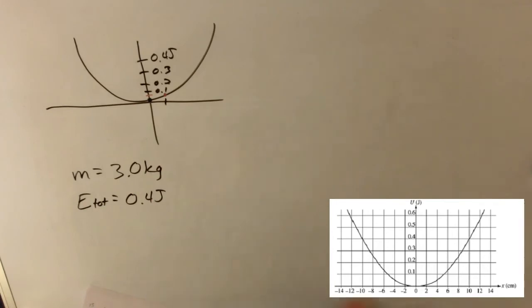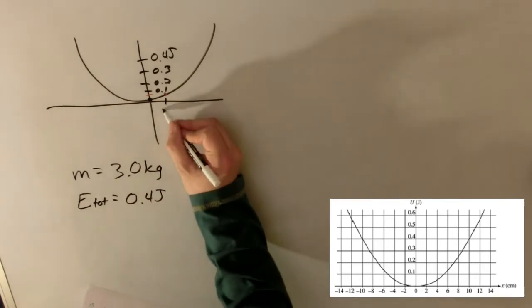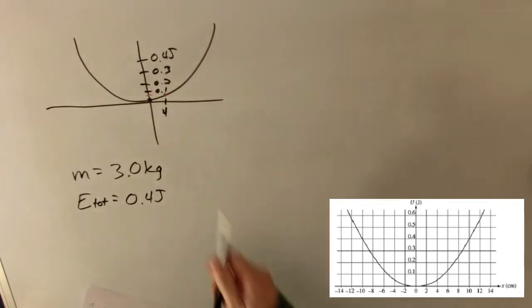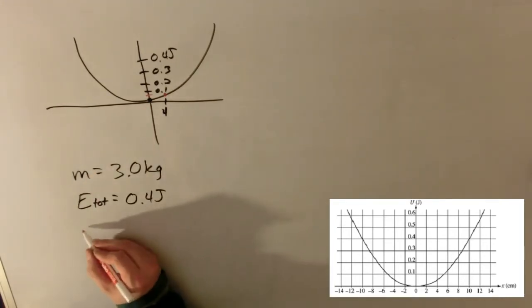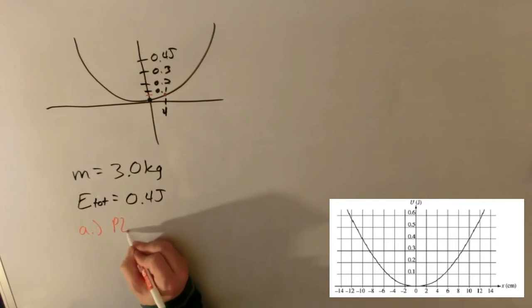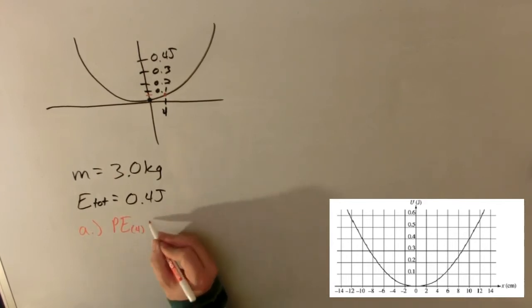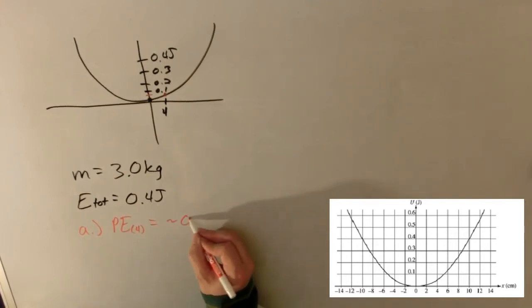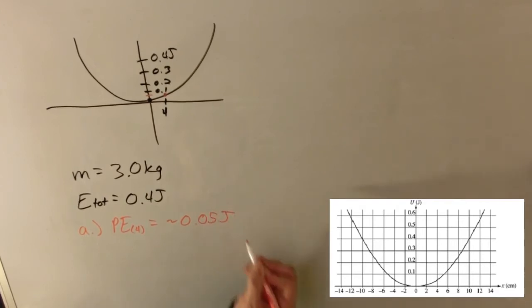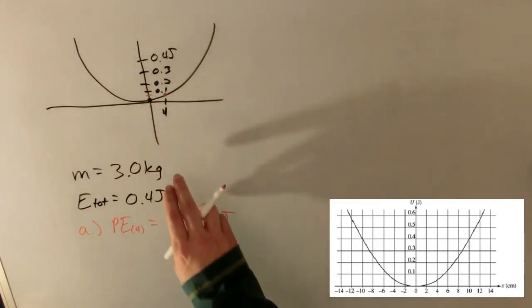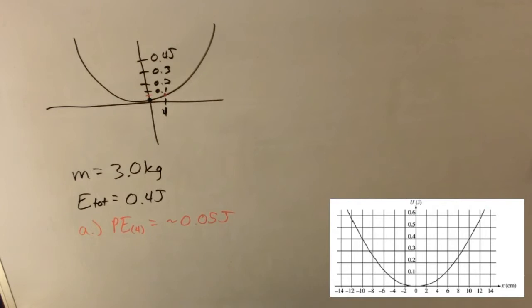So if we're at 4 centimeters, our potential energy is about 0.05. That's what it corresponds to on the graph. So for part A, our potential energy at 4 centimeters is equal to about 0.05 joules. That one's just reading the chart and seeing what potential energy corresponds with a given displacement.